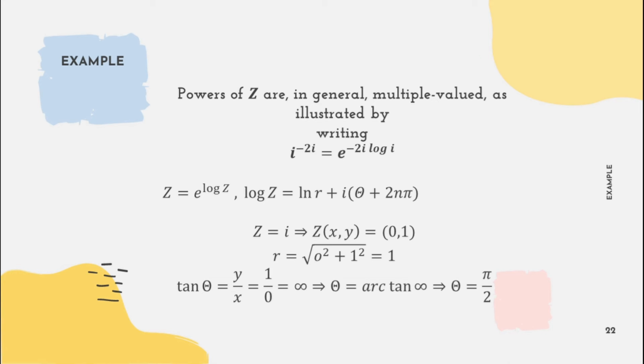We know that r can be found by the formula r equals the square root of x squared plus y squared. Since the value of x is 0 and the value of y is 1, we find that the radius r is 1. It is also known that tan theta is equal to y over x. So, tan theta is equal to infinity and theta is a half π.